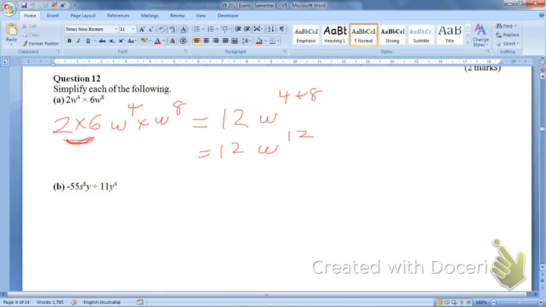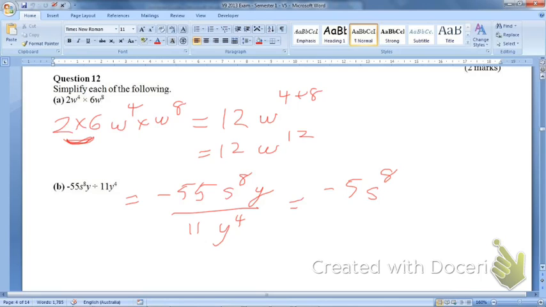For part B, if you rewrite it as 55s to the 8y on 11y to the 4, it makes it easier to see. 55 divided by 11 leaves you with 5. The negative stays put. s to the 8 stays the same.